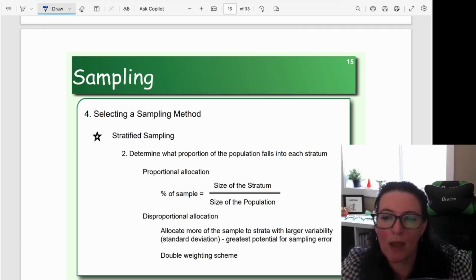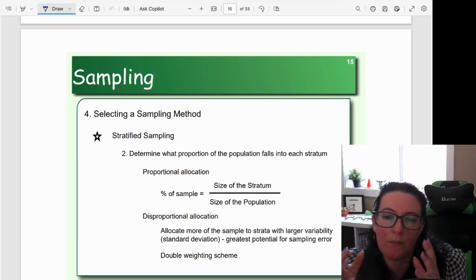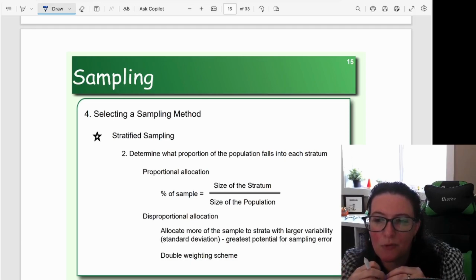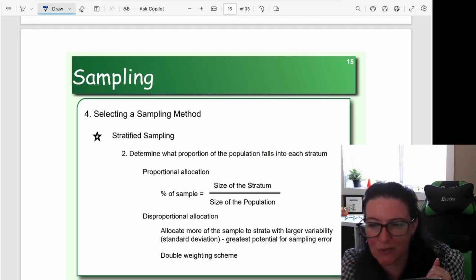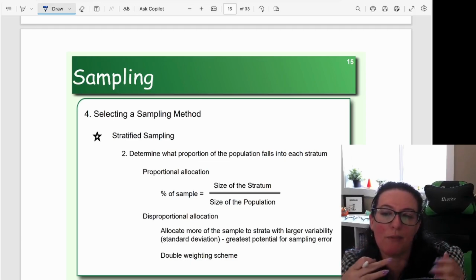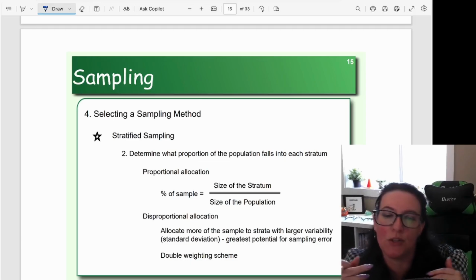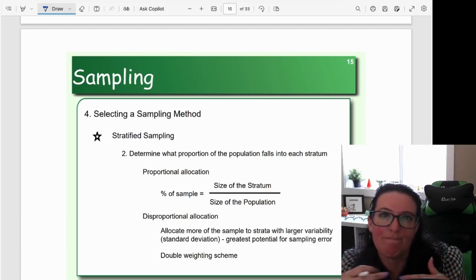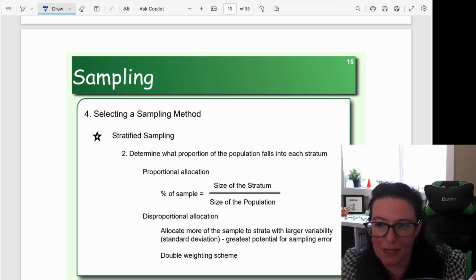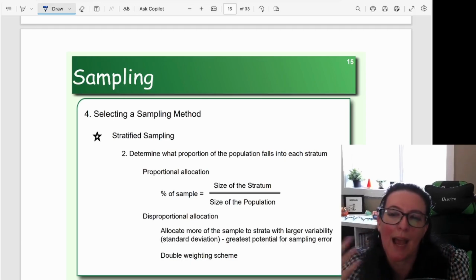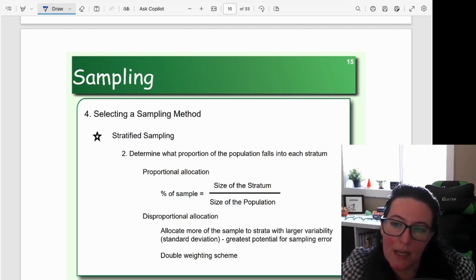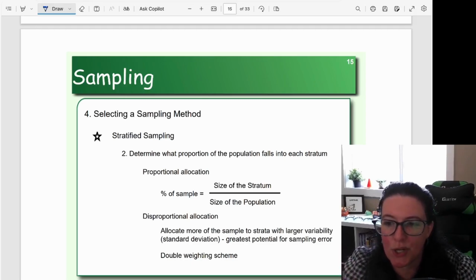And so we would say, okay, well, let's make the percent of the sample for 4th years be half of what they are as a percentage of the population, and let's make first years be double the percentage in the sample compared to what they are in the population. This would allow us to capture more of the variability in the responses from that particular group.